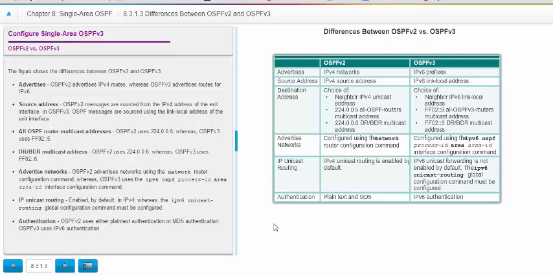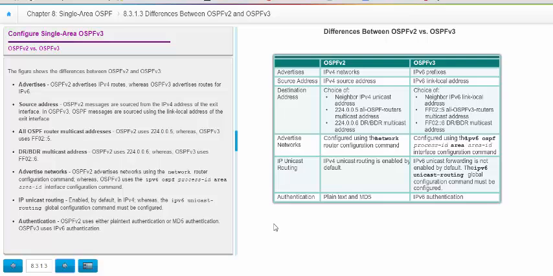With version 3, the OSPF messages are sourced using the link local address of the exit interface. All OSPF router multicast addresses: with version 2, it uses 224.0.0.5. Version 3 uses FF02::5. So those you need to keep in mind.